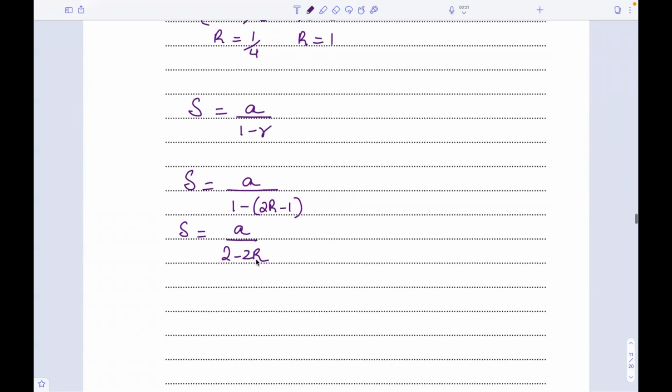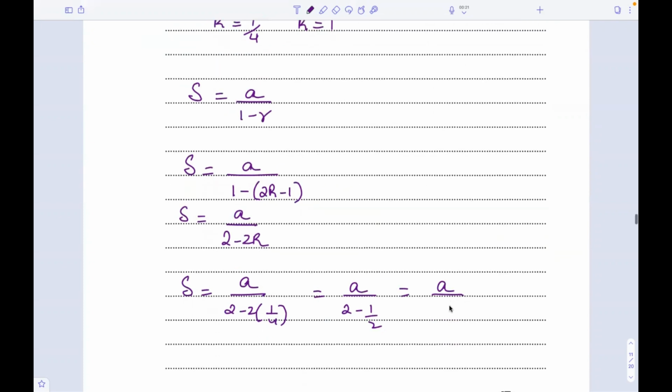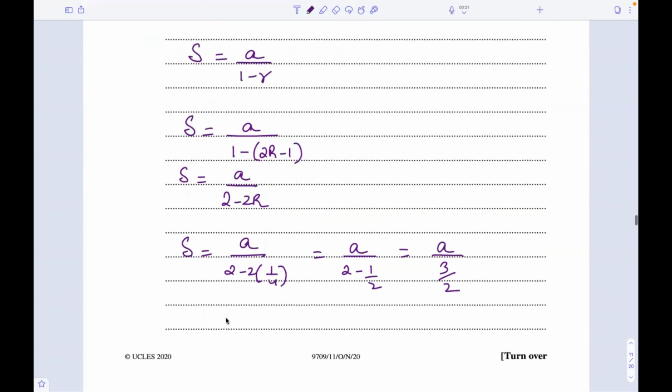Now the value of capital R is 1 upon 4. So we'll write A upon 2 minus 2 into 1 upon 4. So we get A upon 2 minus 1 upon 2. So 2 minus 1 upon 2 is 3 upon 2. So this can be written as S equals 2 upon 3 A.